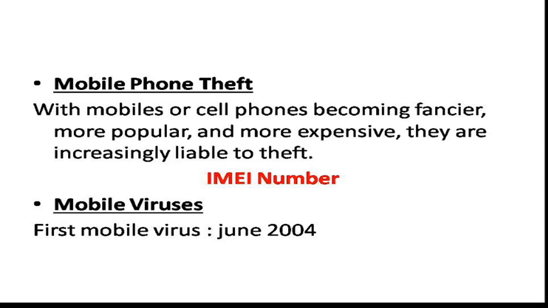And you have the Skull trojan, the Mosquito trojan, Lasco worm, all those things are different kinds of mobile viruses. So the threats caused by the mobile virus are: the processing speed of your mobile phone gets very low, some of the applications get deleted automatically without your notice, and some new applications can enter your mobile phone without your knowledge.